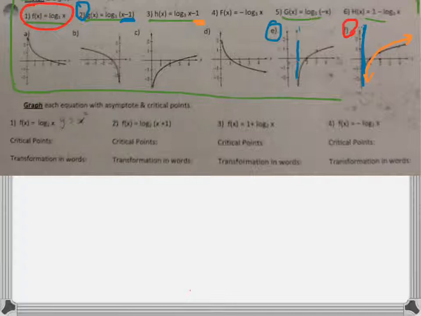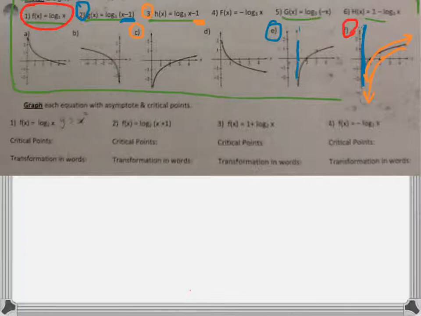No, it's not. It's going to affect each one of these points, which is just going to move down 1. But your asymptote's going to be the same. So it's going to look pretty similar to that graph F, but just shifted down 1. And can you see what that one is? That's C right there. So number 3 is C.